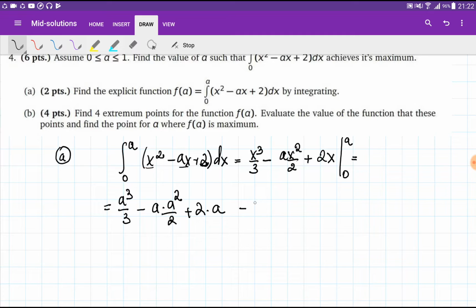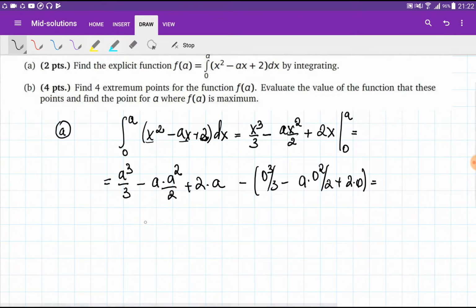Basically, this should be minus 0 cubed over 3 minus a multiplied by 0 squared over 2 plus 2 multiplied by 0. So the answer is a cubed over 3 minus a cubed over 2, which is minus a cubed over 6, plus 2a.